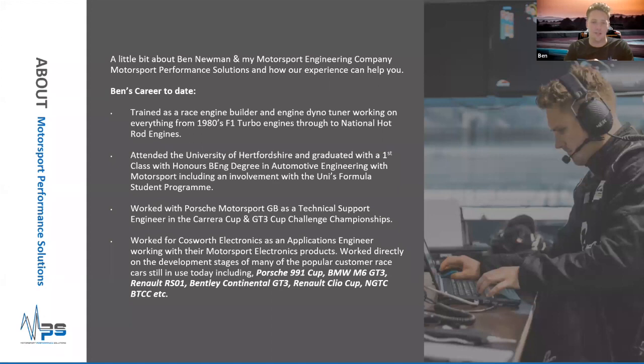I wanted to progress and learn this more, so I decided to go to university and got a motorsport engineering degree. From that, I got offered a job with Porsche GB as technical support engineer, which was a nice mix of mechanical engineering coupled with looking at the log data to try and visualize as many problems as we could.